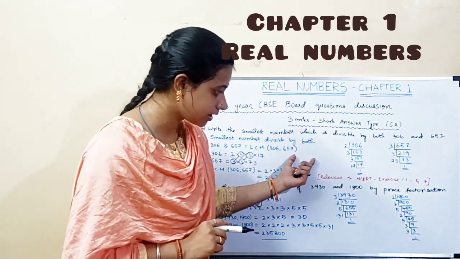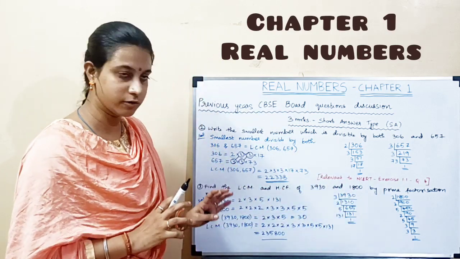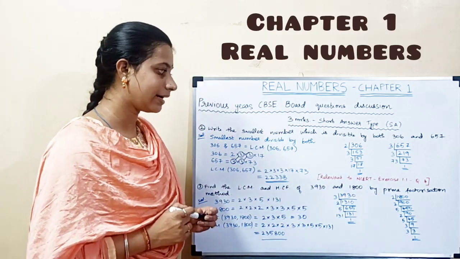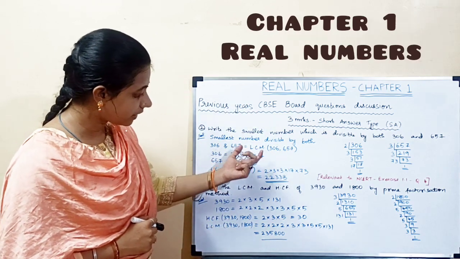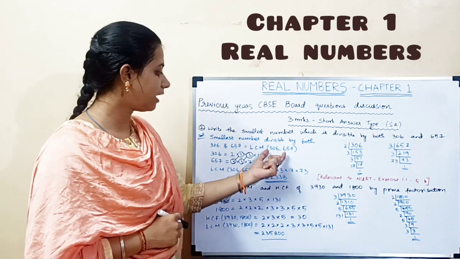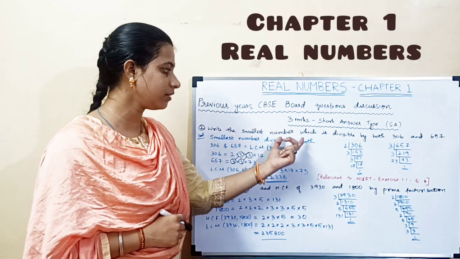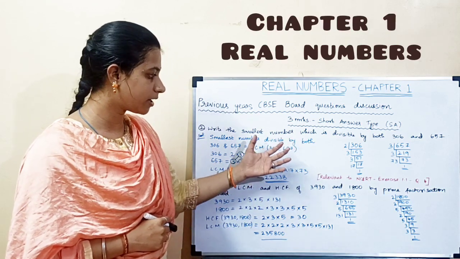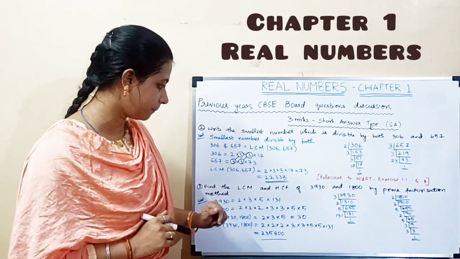This question actually is very relevant to the NCERT question, exercise 1.1, question number 4. In that question number 4, if you see, we will be given the HCF of these two numbers, 306 and 657, and we will be asked to find the LCM. But here the question is slightly changed, but the procedure which we are following is almost the same.